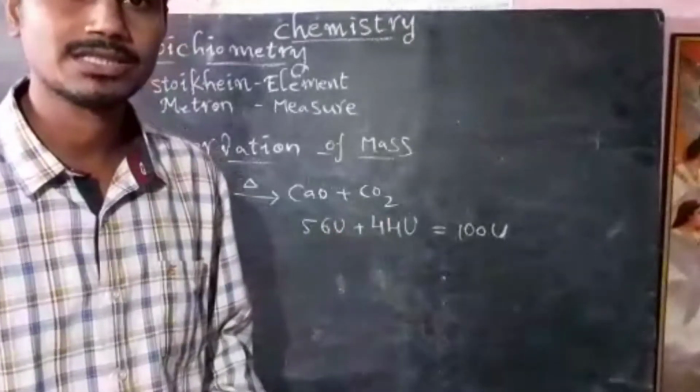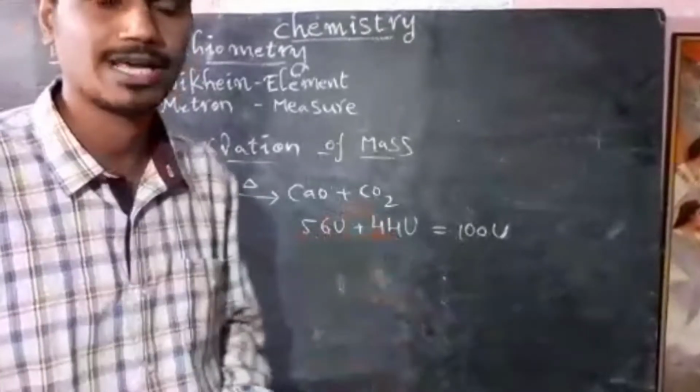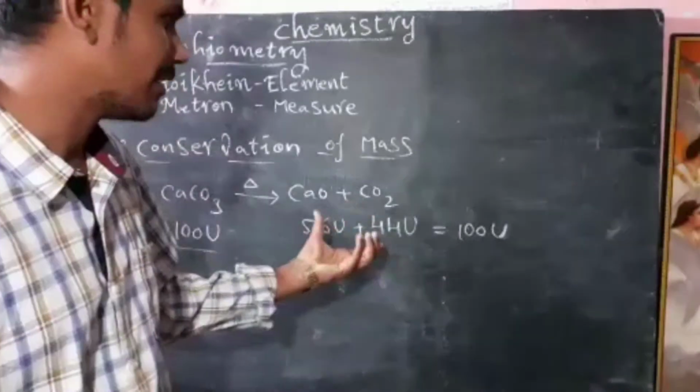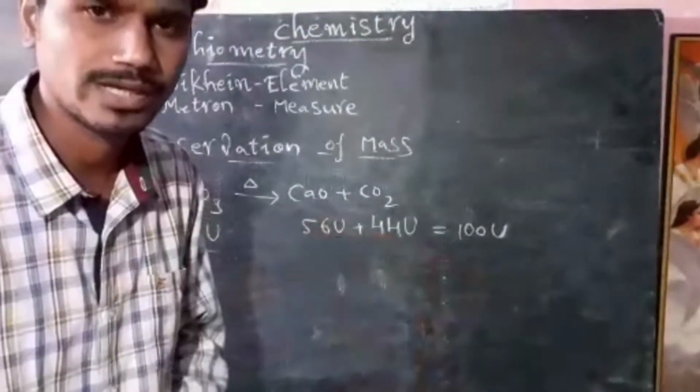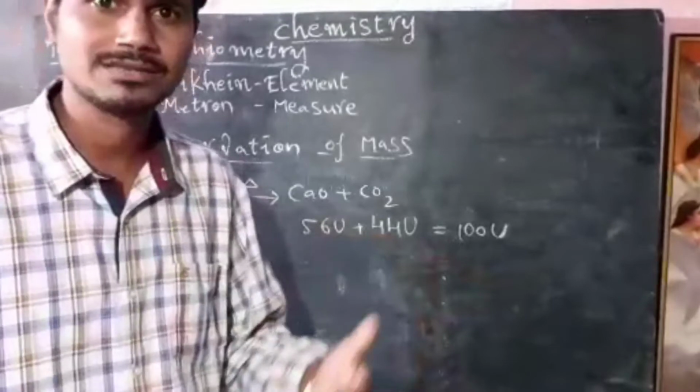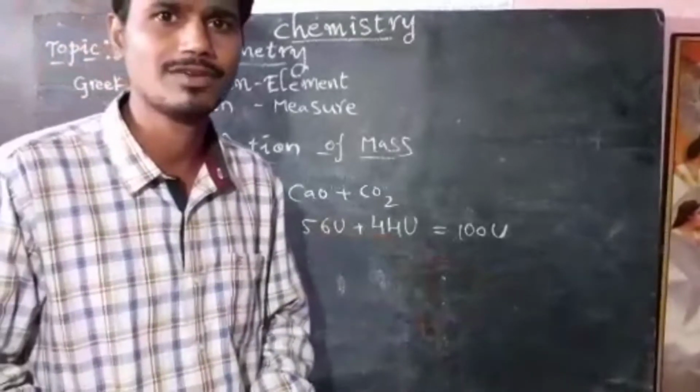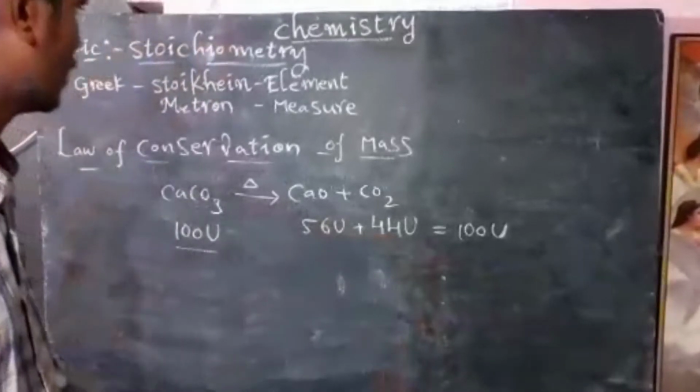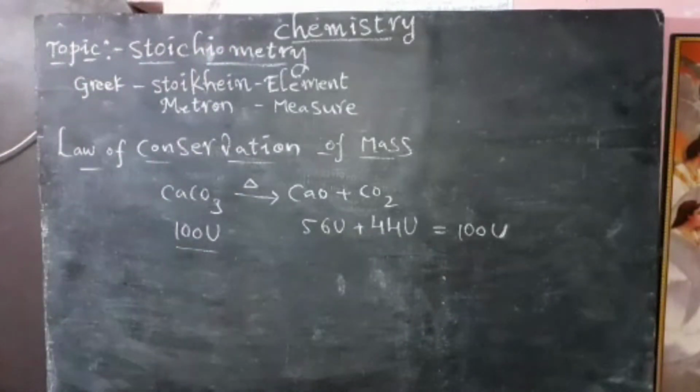After the reaction, it splits into calcium oxide and carbon dioxide, and the sum is also 100. So before and after the chemical reaction, the masses of reactants and products are always the same. That is the law of conservation of mass.